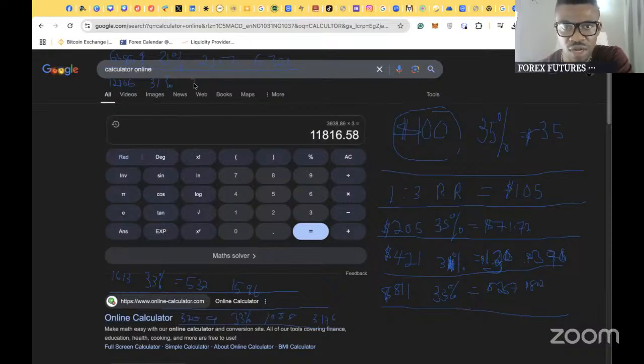Our risk was 3,938. Then our profit was 11,816. If we add that together to give us plus 12,706. No, sorry, I made a mistake here.